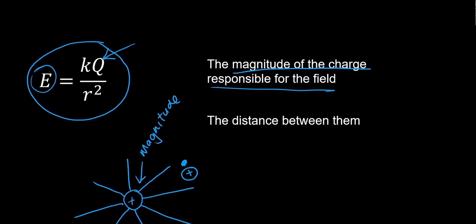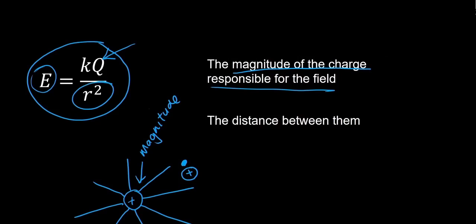So if it is a small charge, a small value, then the field strength is not going to be that great. If that charge has a big value, then obviously the field strength is going to be much bigger. The field strength is also determined by the distance between the point charge and the main charge that is giving us the field.